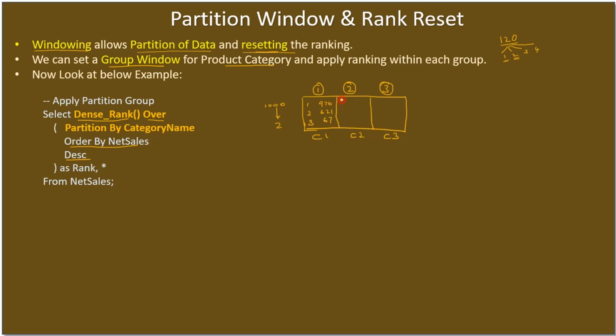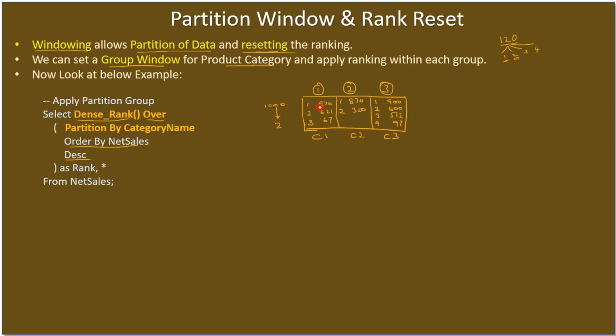After this, the ranking will be reapplied. It depends on how many products we have, and then ranking will be applied. Say, for example, 870 and 320. And in category 3 we have, let's say, 4 products. I'm just taking the example 900, 600, 512 and 97.